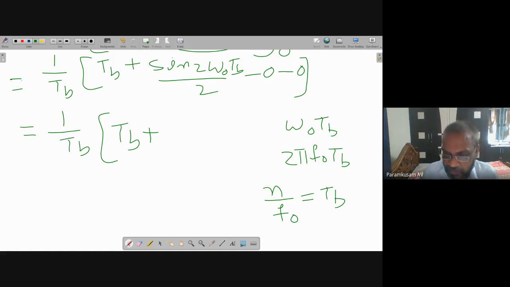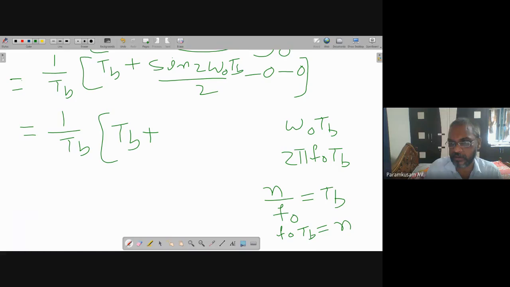You note down: n by f naught is equal to Tb. Then what is f naught into Tb? f naught into Tb is equal to n.